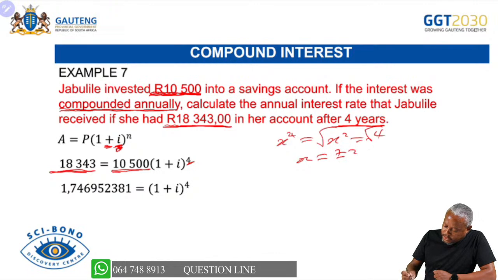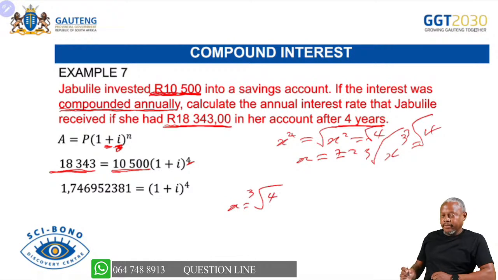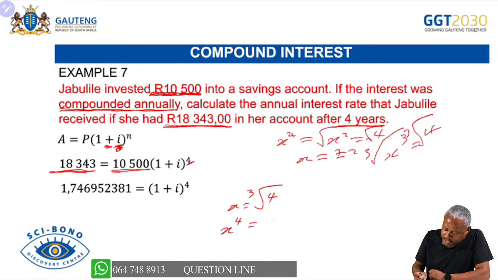Now, if you've got x cubed equals the same value 4, we just keep the root like this: x equals the cube root of 4. Now here what do we have? We've got x to the exponent 4 equals 1 comma, let me put 2.75. We've got something like that.